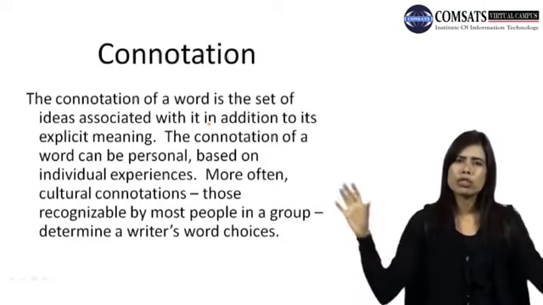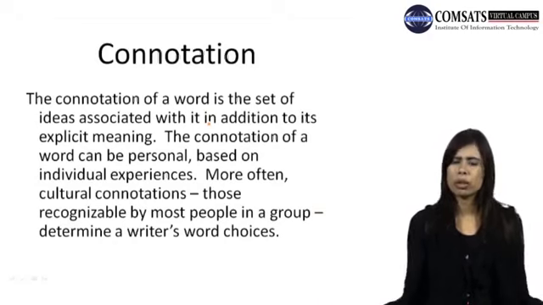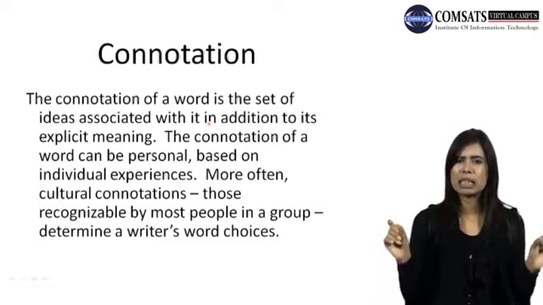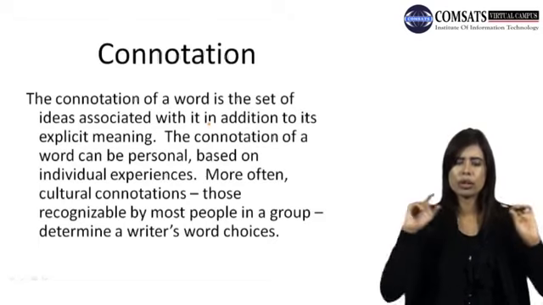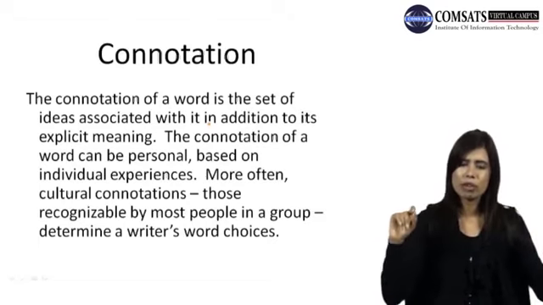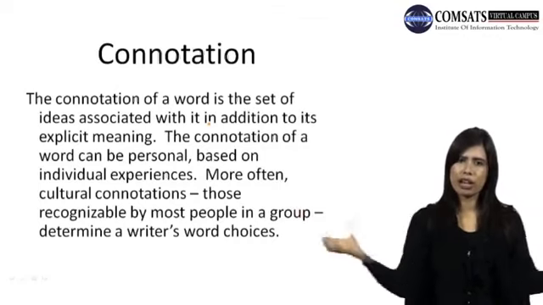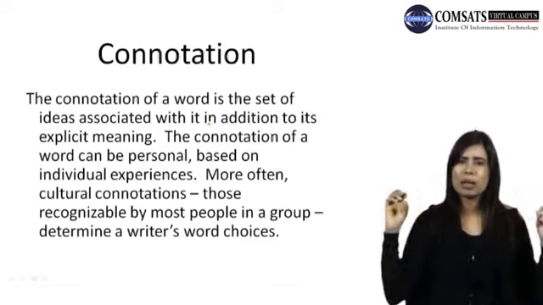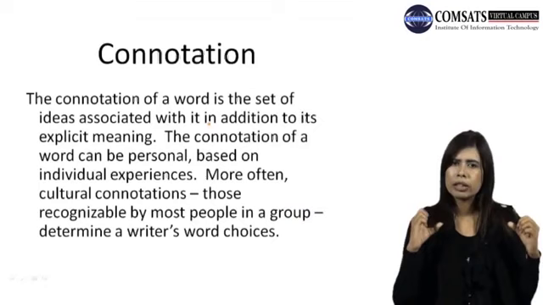The other terminology which is the opposite of denotation, as we were talking about the dictionary meaning or the literal meaning of the word, is connotation. The connotation of a word is a set of ideas associated with it in addition to its explicit meaning. So this explicit meaning is basically the dictionary meaning or the literal meaning of the words. The ideas are dependent upon other ideas associated with that particular terminology.